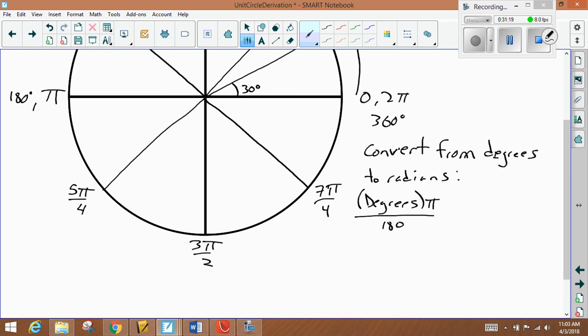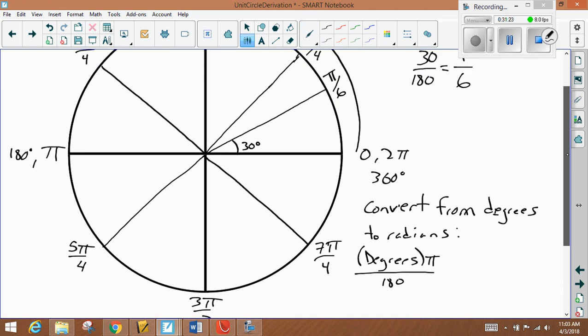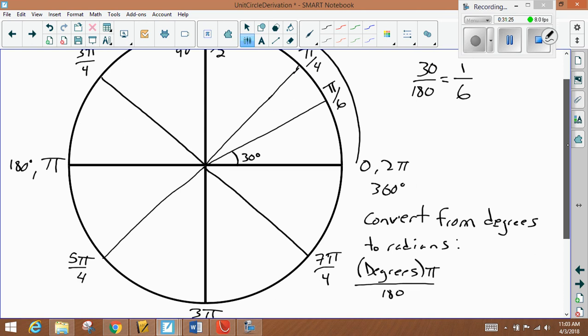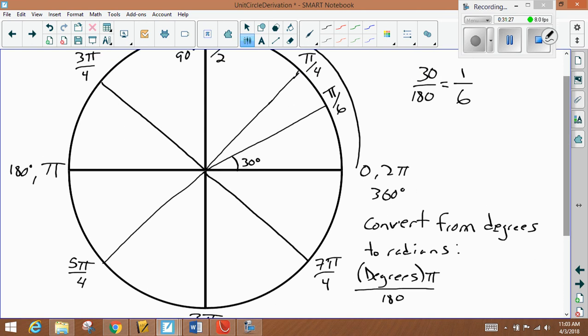What if we wanted to go backwards? What if we wanted to convert pi over 6 back to degrees? Someone says, hey, your angle theta is pi over 6. You'd like to know what your degrees are. Well, how would you reverse that process?